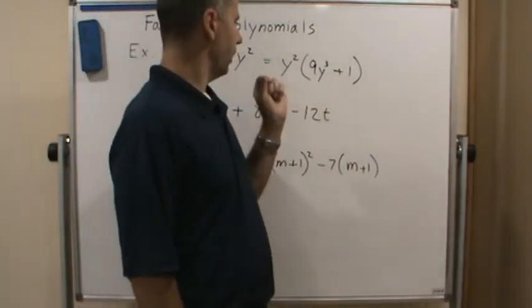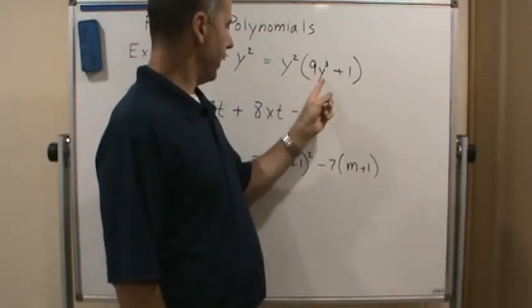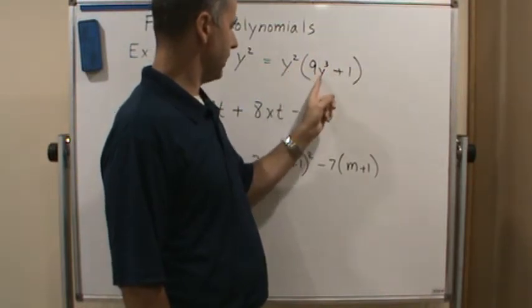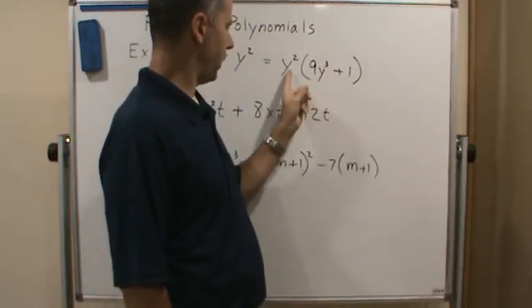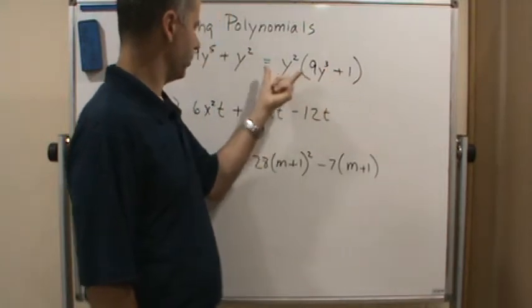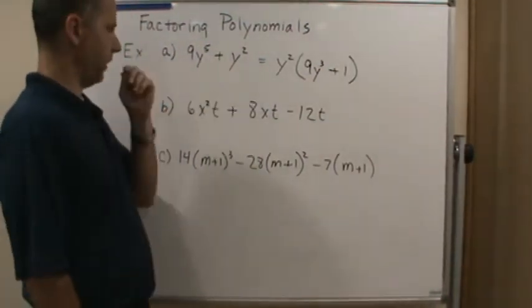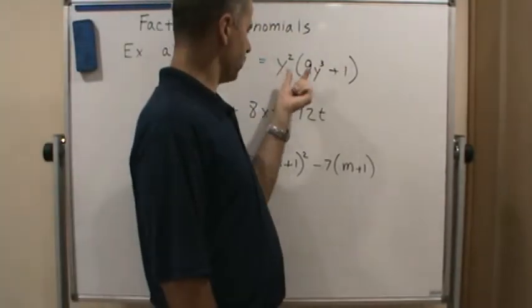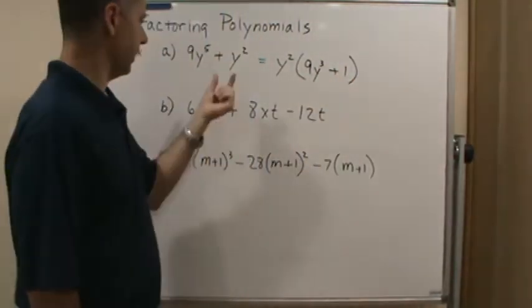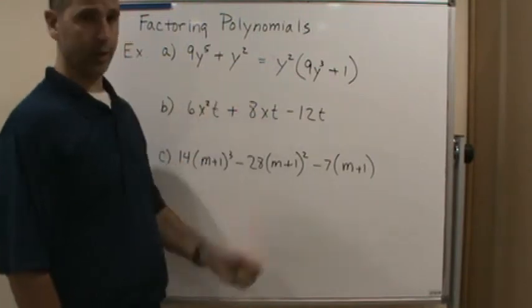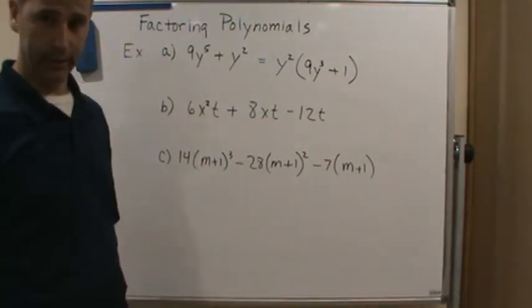I'm going to distribute the y squared. So y squared times 9y cubed gives me 9y to the 5th. And then y squared times 1 gives me y squared. So I get right back to where I started. I did it correctly.